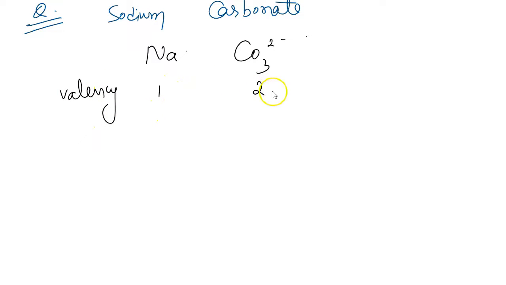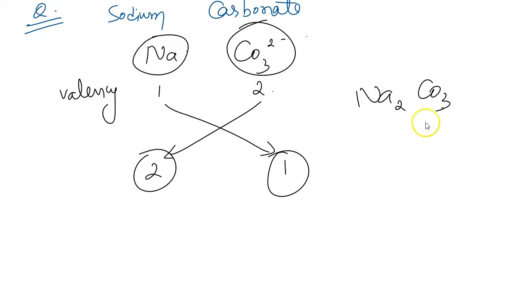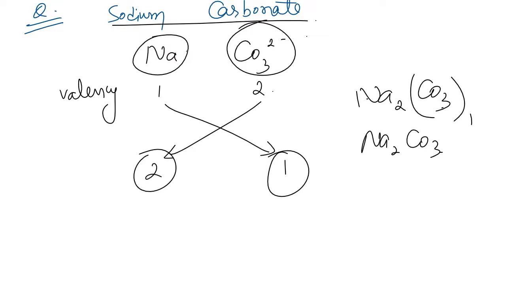For carbonate it is 2. So what we do? We crisscross it and we write sodium with 2. So Na base 2 and then CO3. Here we do not write 2 minus, this is just to indicate the valency. So CO3 and then 1. That means Na2CO3, we can say this is the formula of sodium carbonate.